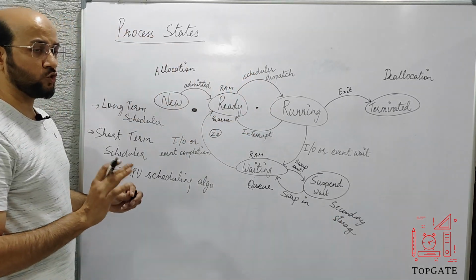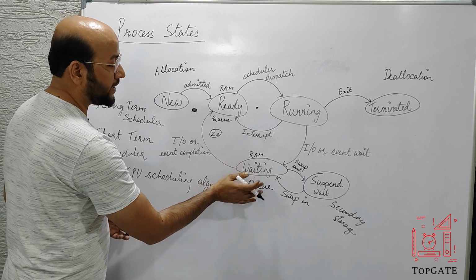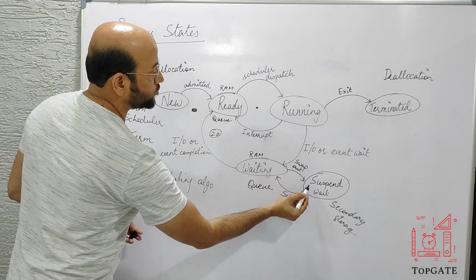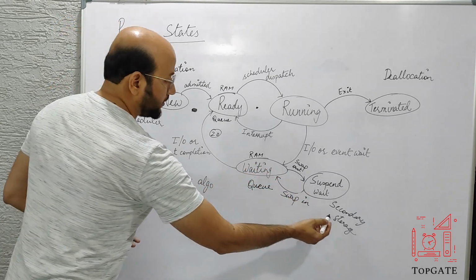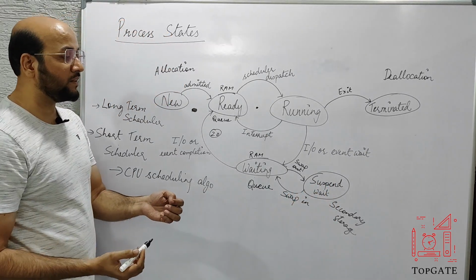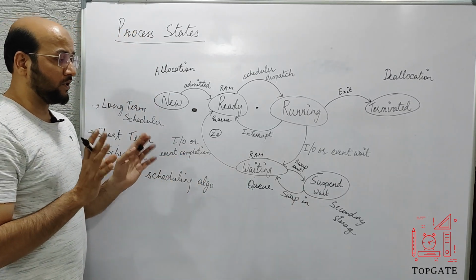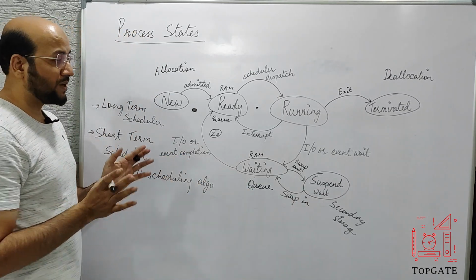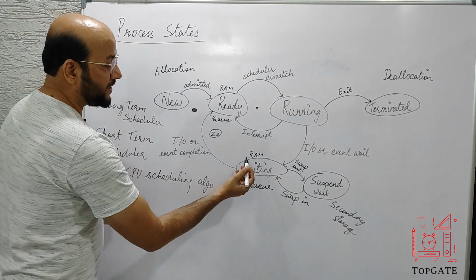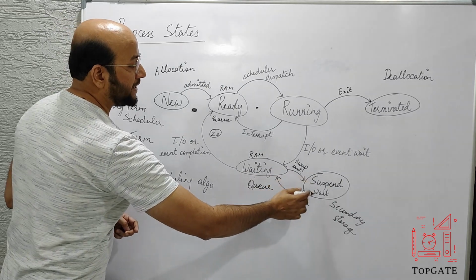So instead of putting so much load on the RAM, we will swap out these processes to the secondary storage, and the status of these processes will be changed to suspend wait. They are waiting in the secondary storage now. Why? Because they are taking longer than the usual time to complete their input output. So instead of doing this work on the RAM, they'll be swapped out and they'll complete their work on the secondary storage.